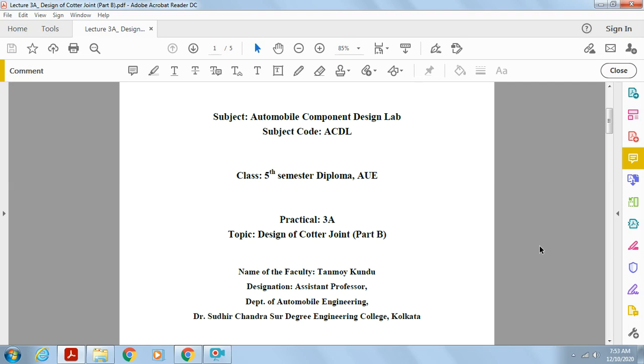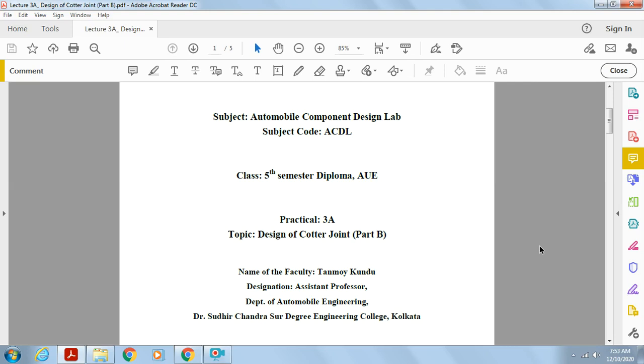Today we have the practical activity number 3A, topic design of Cotter joint part B. As you know, in the previous lecture I discussed part A of the Cotter joint design, where I discussed broadly the definition of the Cotter joint, the introductory part, the several components, and also the theoretical aspect of the failure of the different components in the Cotter joint.